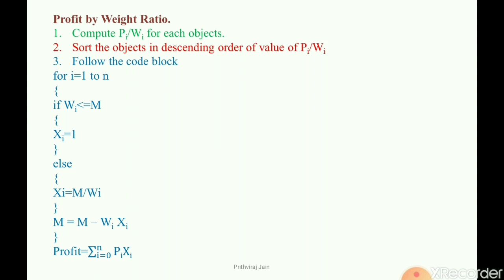The third step is to follow a code block such that we find the values of x1, x2, x3 and so on, depending on the number of objects. Finally we have to find the profit, and each time we calculate the remaining capacity. After inserting one item we check the overall capacity of the knapsack, given by m, and at the end we find the overall profit.